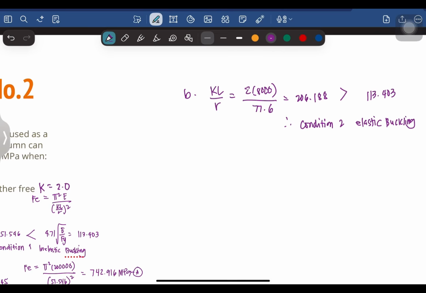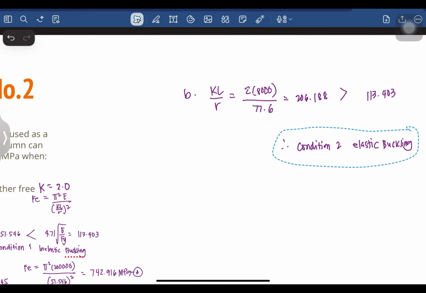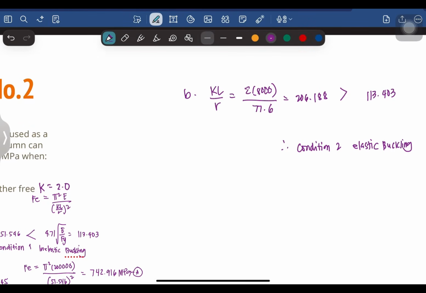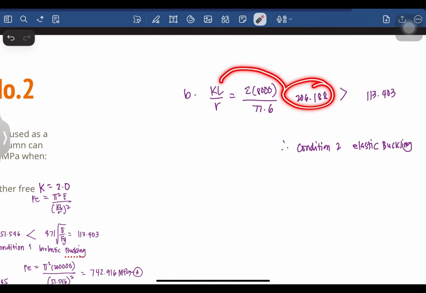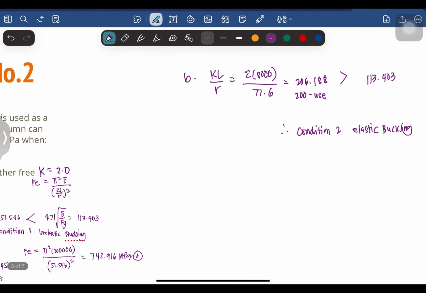Pero sa NSCP provision po, hindi na inaallow na lumampas sa 200 yung ratio nito. Kaya yung gagamitin pa rin natin na slenderness ratio is 200, kasi as per NSCP. So this time, the Fcr is equal to 0.877 Fe. So to solve Fe, pi squared times 200,000 over KL over r squared.